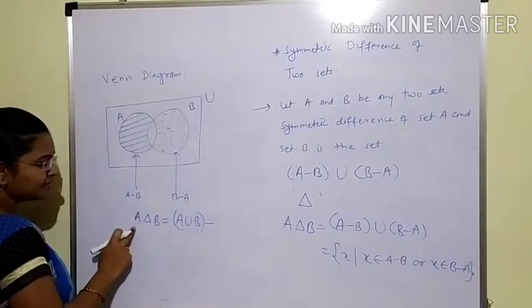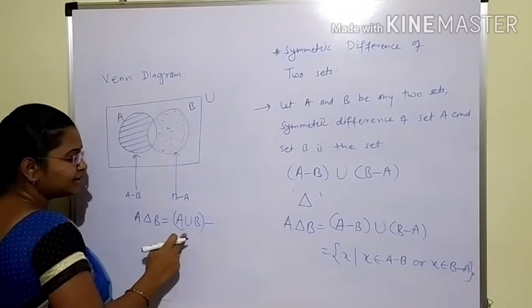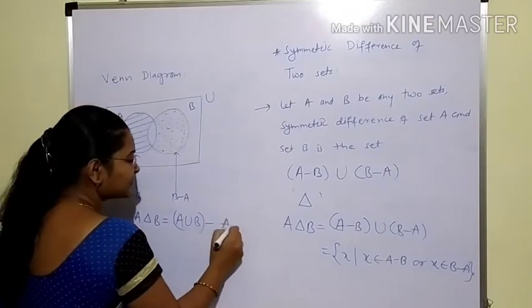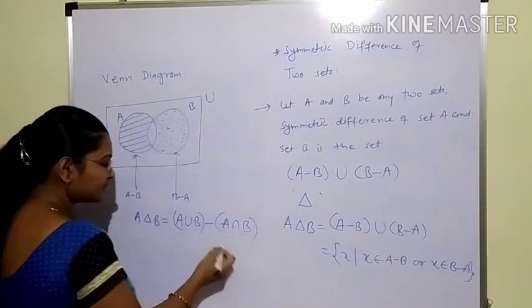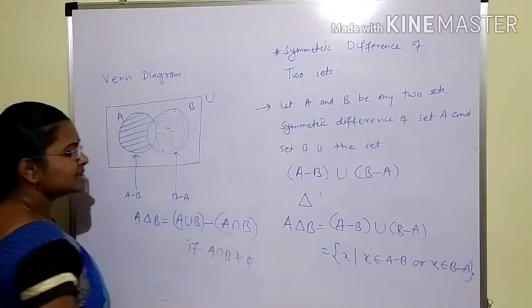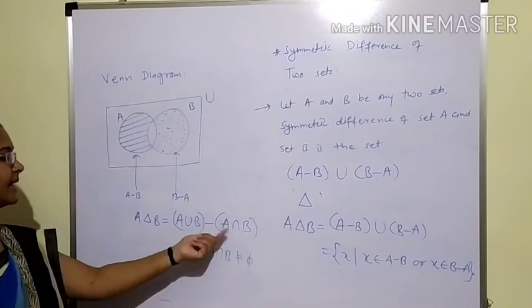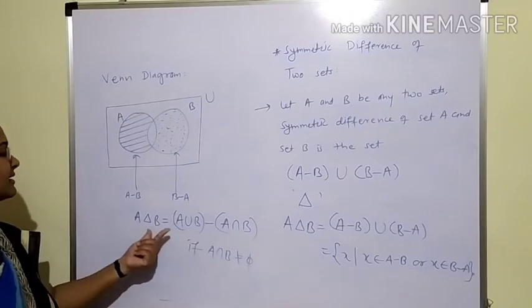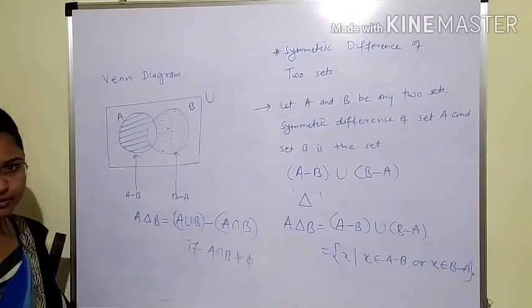So the symmetric difference of A and B is equal to A union B minus A intersection B if A intersection B is a non-empty set. If the intersection is an empty set, then the symmetric difference is nothing but the union of the two sets.